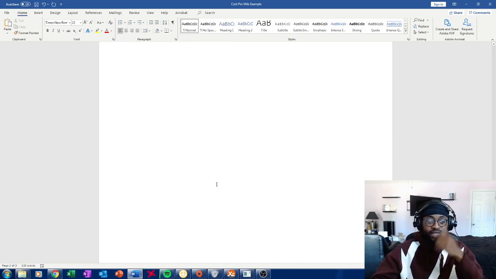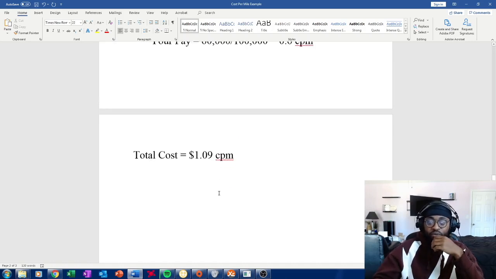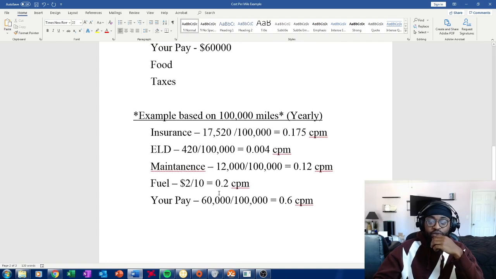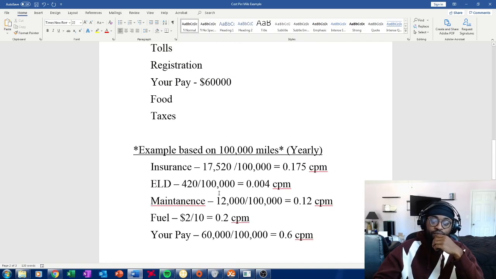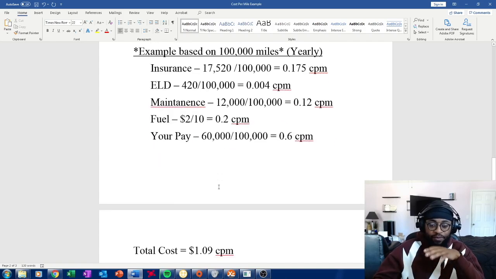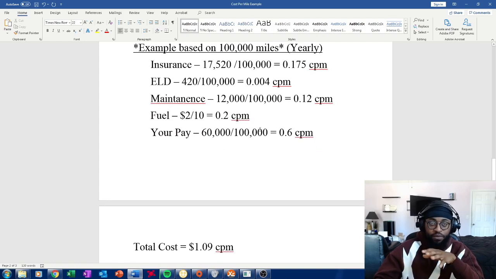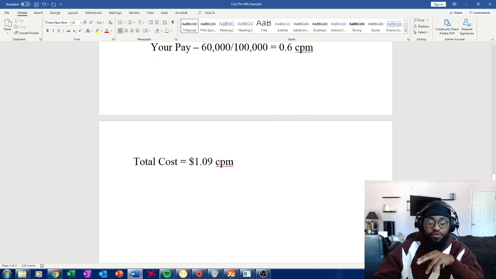That's it. That's how you calculate it. It's really important for you guys to know how to do this. Based off this math right here, the total cost for you to drive your truck, to turn your truck on, is $1.09 per mile. So you need to make anything above that in order for you to profit.